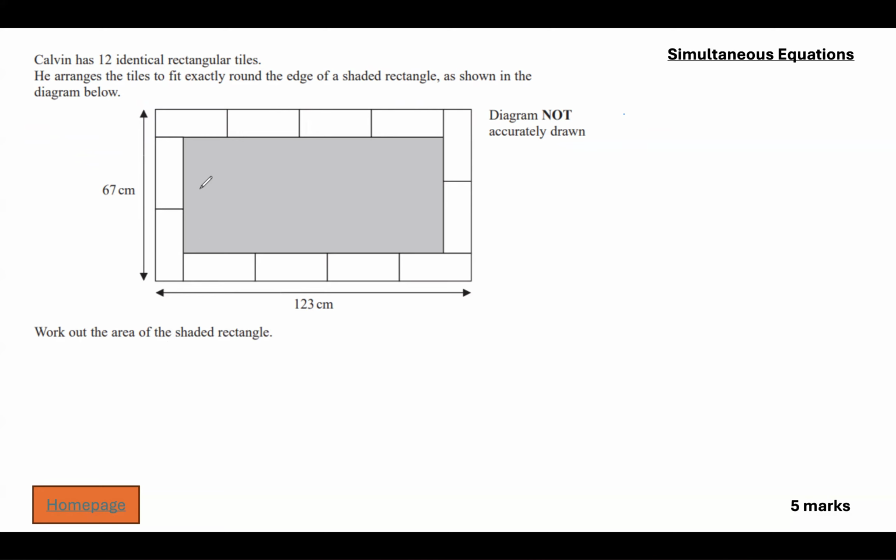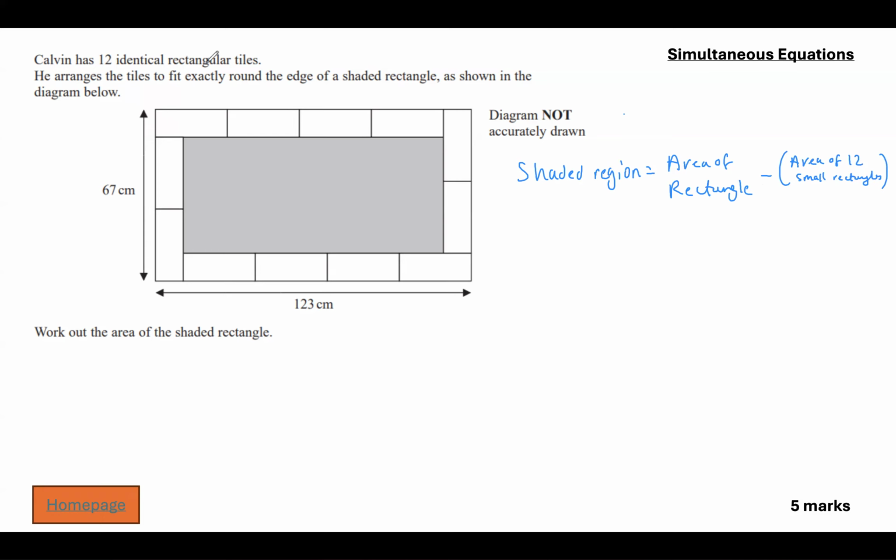Well, the area of the shaded region is the area of the whole rectangle minus the area of 12 small rectangles.